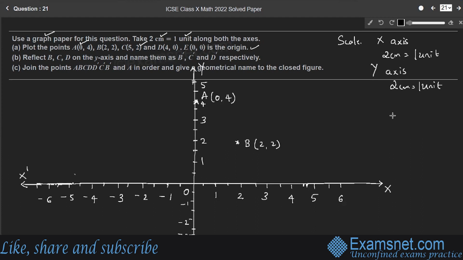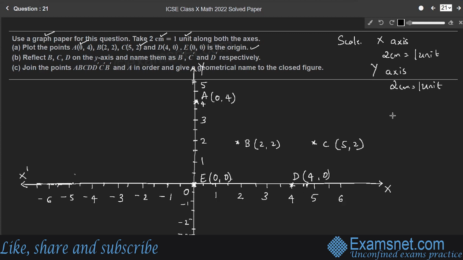C has coordinates 5, 2. Again, it comes in the first quadrant. D is 4, 0, so it is on the x-axis. E has coordinates 0, 0. That means it is at the origin, right? 0, 0 is the origin.